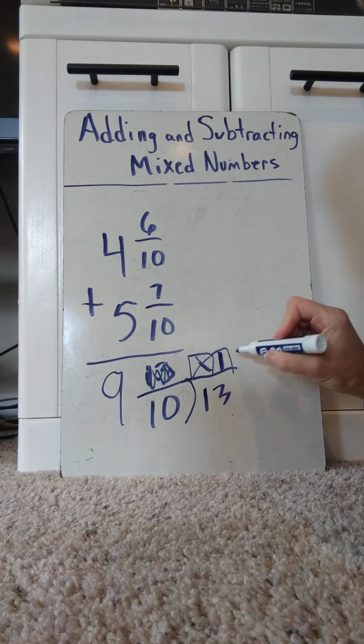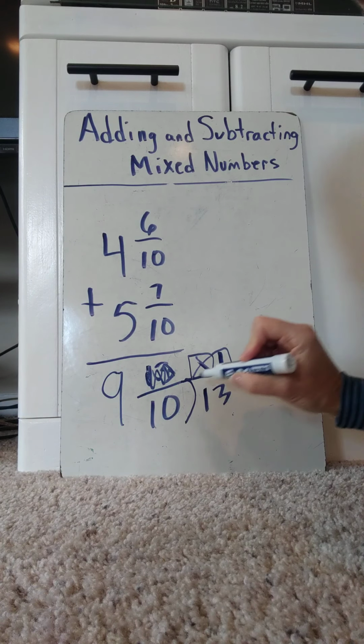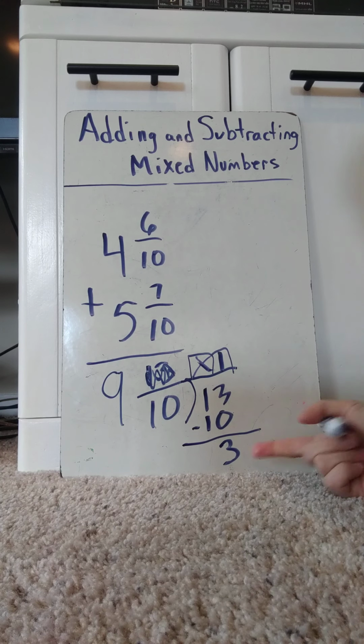And then we're going to multiply. 1 times 10 is 10. We're going to subtract. Okay. 3 minus 0 is 3. That's our remainder. Okay? And now what do we do with our remainder? When we have one, what do we do?